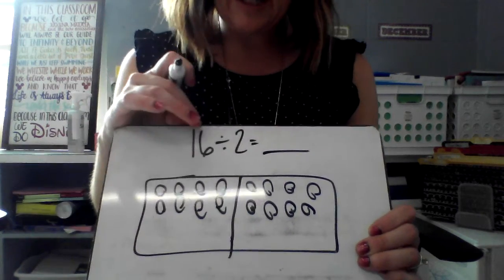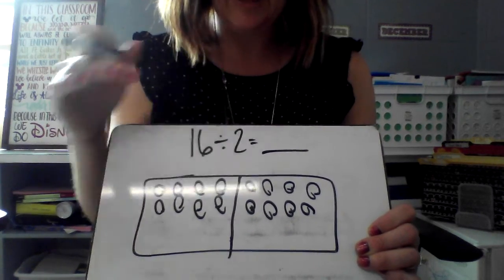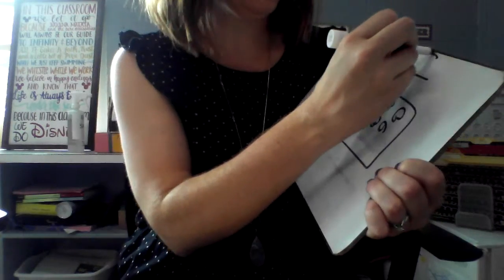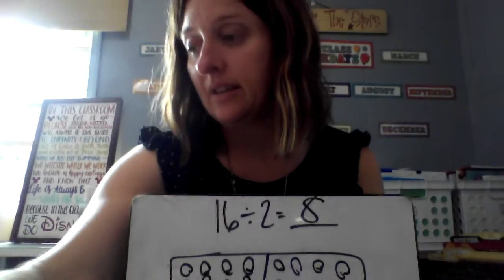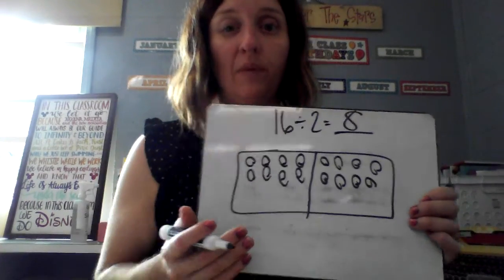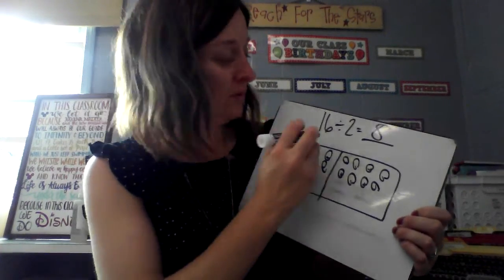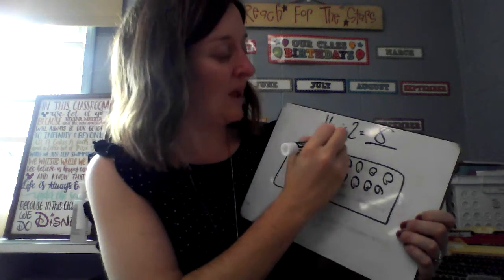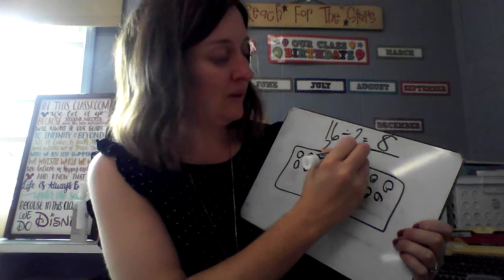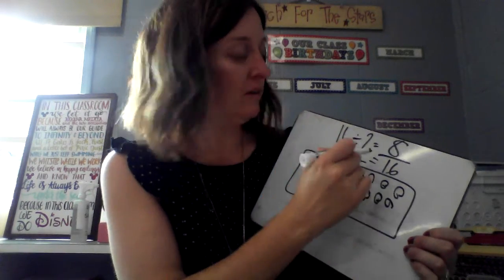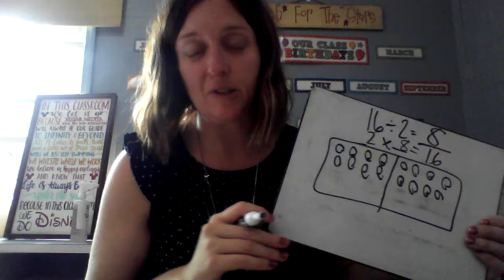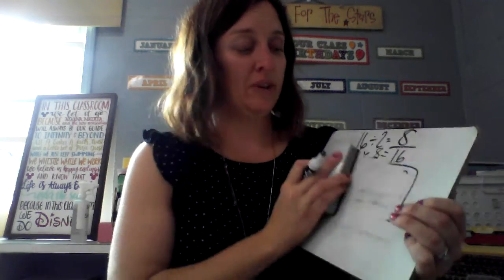So when I take 16 and I divide it into 2, I see that I get 8 in each group, because 16 divided by 2 equals 8. I could also use this as a multiplication problem. I could say, okay, if I'm going to have 2 groups times, I don't know how many in each group, it will equal 16 total though. Well, now I know right there. It's going to be 8 because multiplication and division are very related.